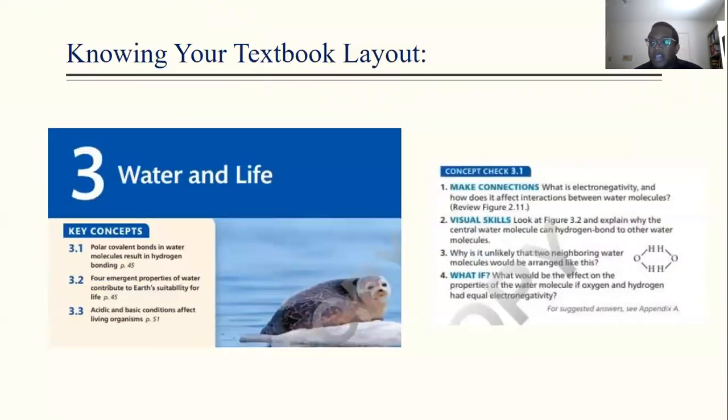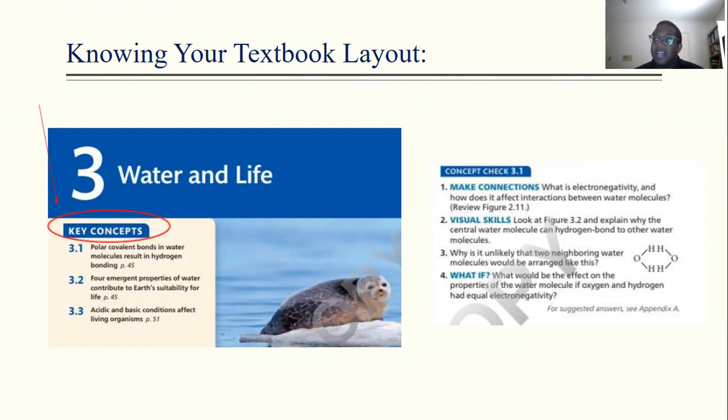So let's take a look at one of the chapters out of this textbook, Chapter 3. Chapter 3 covers the topics of water and life. Upon first glance, this chapter can seem incredibly long and difficult, but luckily the textbook's layout makes it less intimidating. All chapters in this textbook are separated into sections known as key concepts.